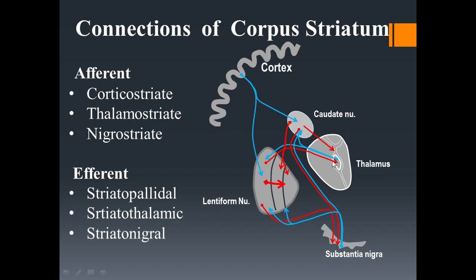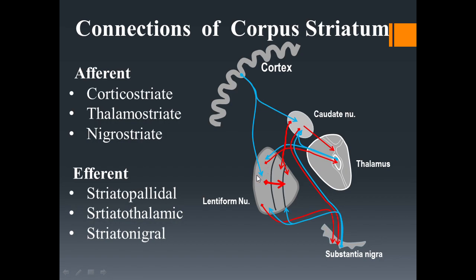Now, the corticostriate fibers are glutaminergic and they are excitatory. They stimulate the neurons of the striatum.